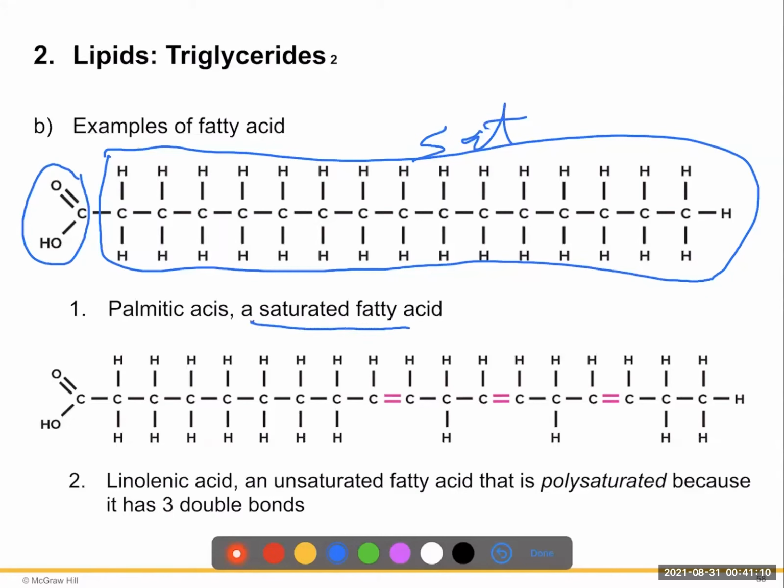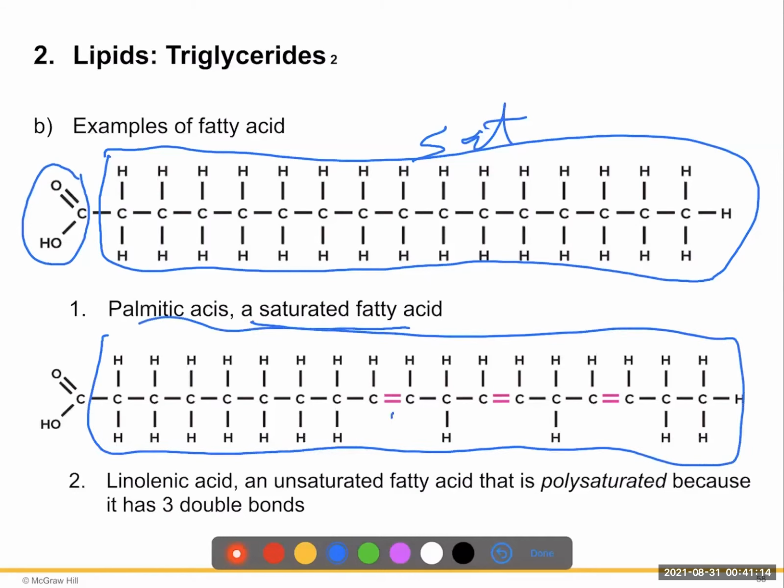Linoleic acid. This is the acid part here. And you can see you have these double bonds. So theoretically, you could add more hydrogen there if you got rid of those double bonds. You could do a hydrogenation reaction. But that's why it's called unsaturated, because there's still room to add more hydrogens. So this is an unsaturated fatty acid. These cause different bends in the molecules, and they don't line up and stick together like the saturated fatty acids.